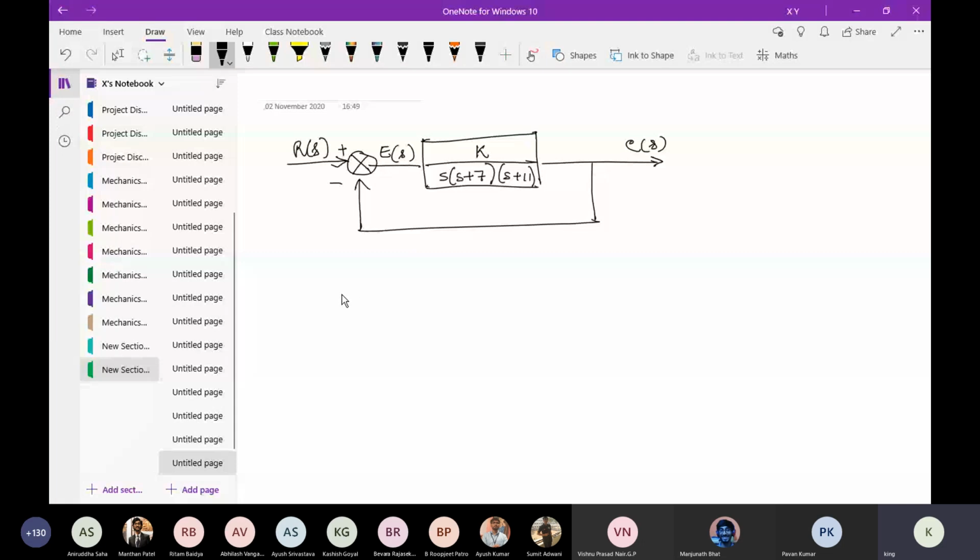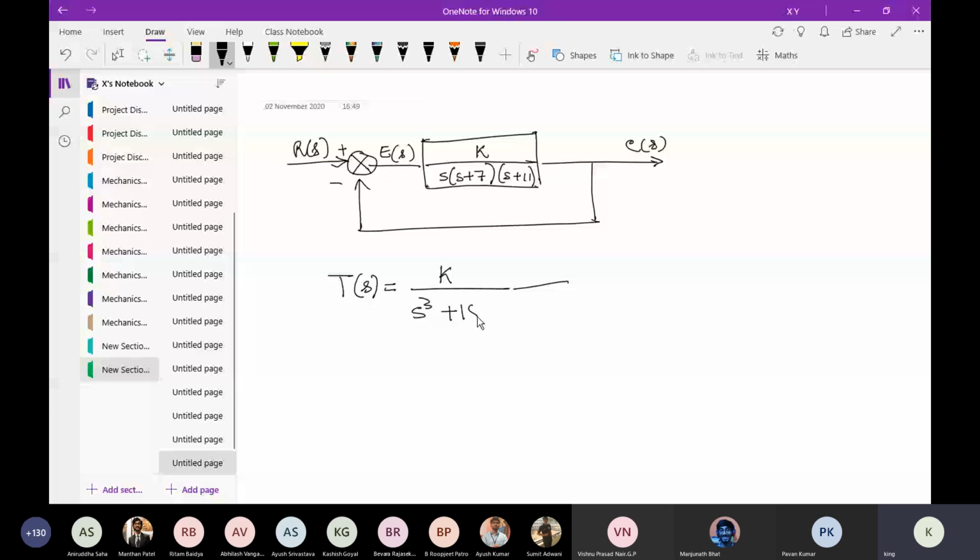Okay. So now what will be the transfer function for this? This will be DS equal to GS by 1 plus GSHS. I'll have to skip those steps because of lack of time, but what you are going to get is S cube plus 18S square plus 77S plus K. So this K is kind of a gain.